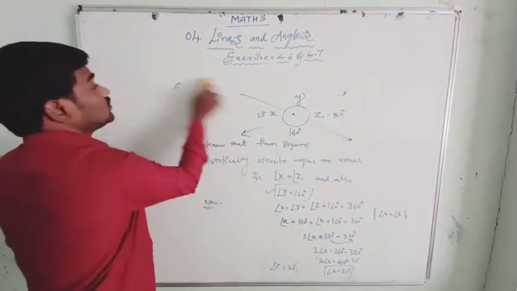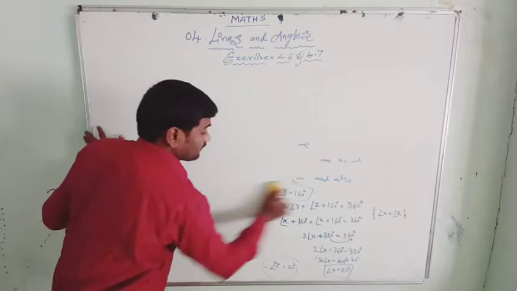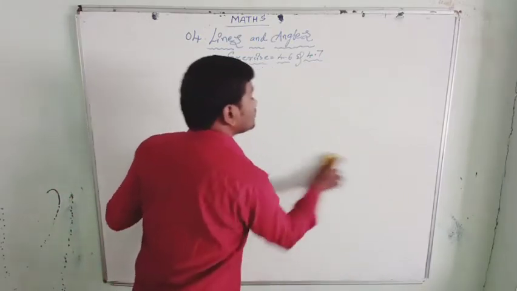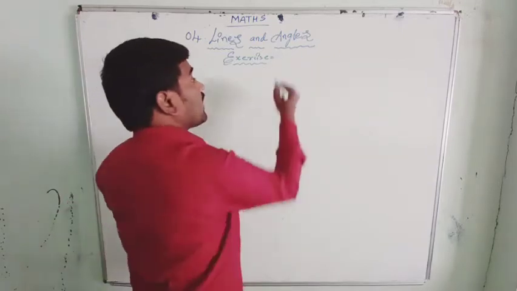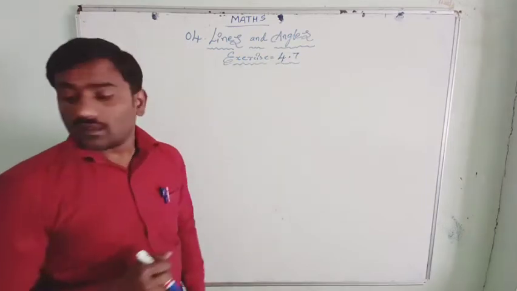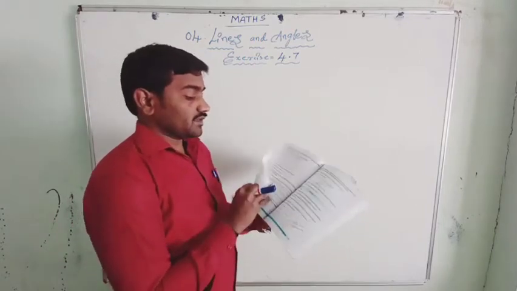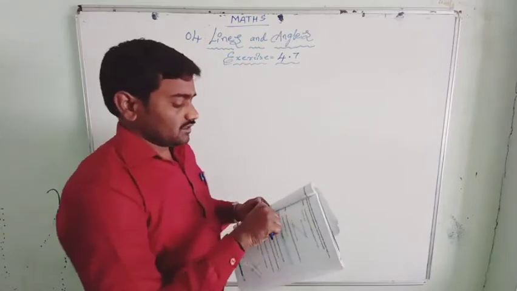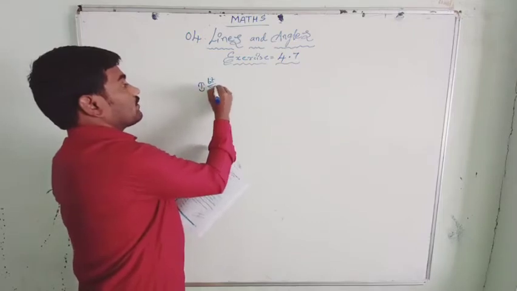Now we can go to exercise number 4.7. In the 4.7 exercise, we are going to learn about a transversal and two parallel lines. So let us start that exercise. Here in the first question, the first bit is filling the blanks.